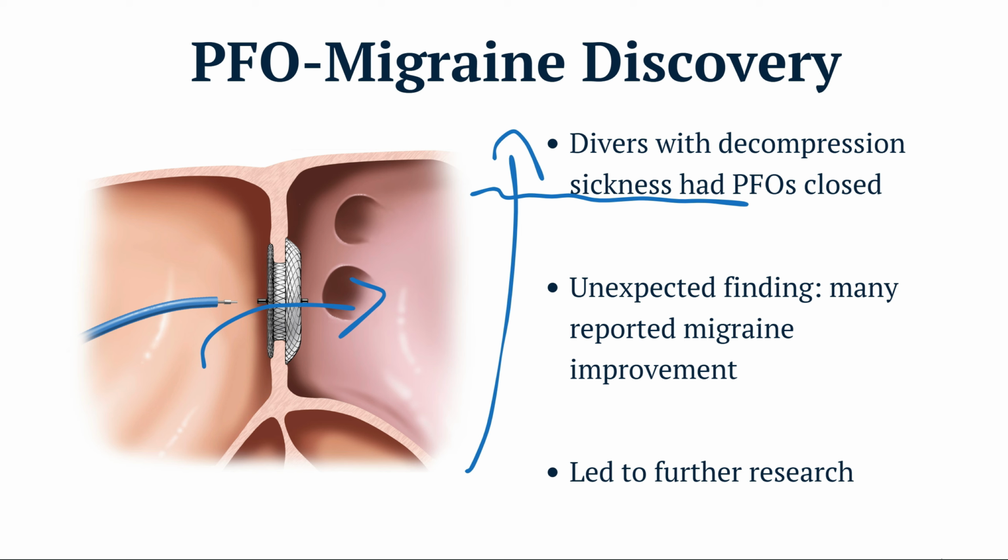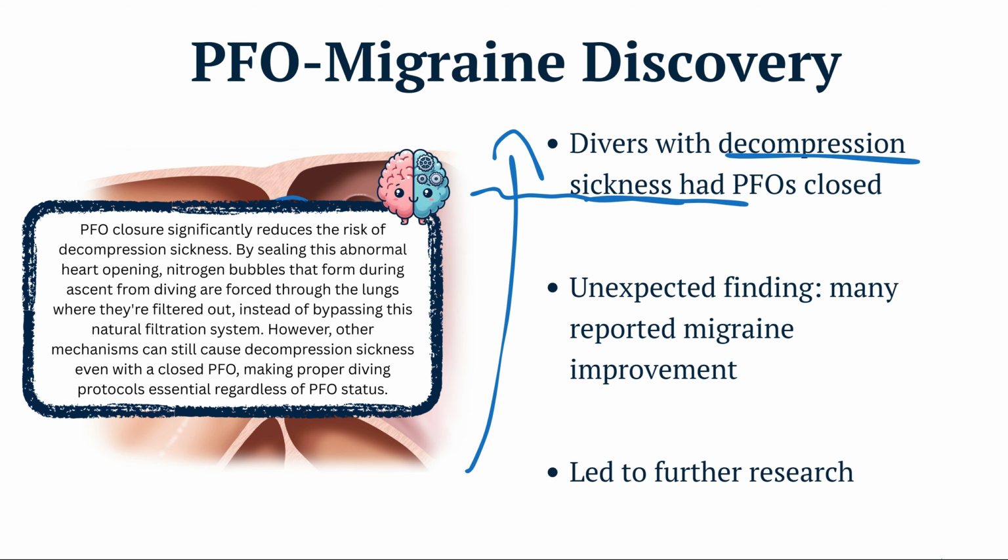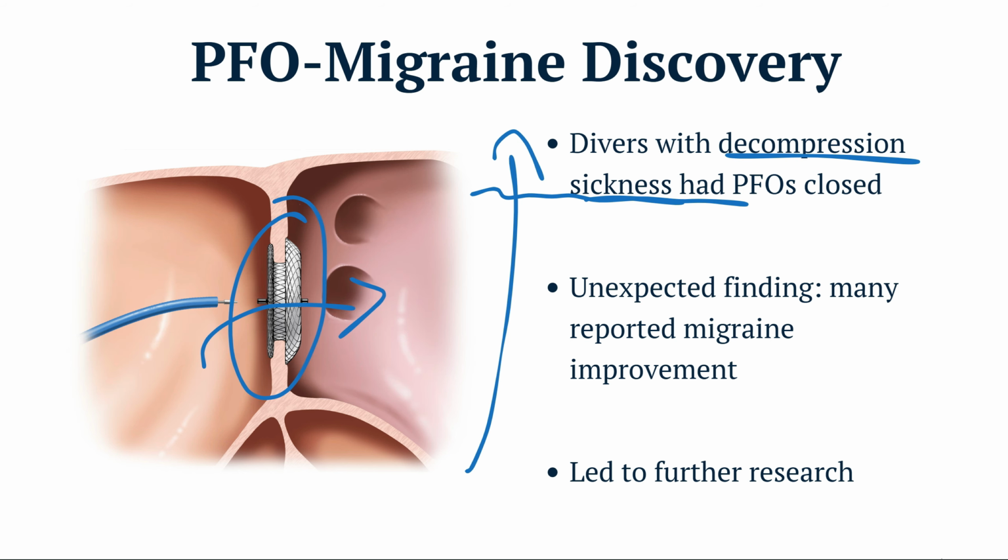Now, when these divers got their PFOs surgically closed, as you can see here, in order to prevent decompression sickness, many found that their migraine improved or even disappeared completely after the procedure. So this resulted in researchers looking more closely at the possible connection between PFO and migraine.